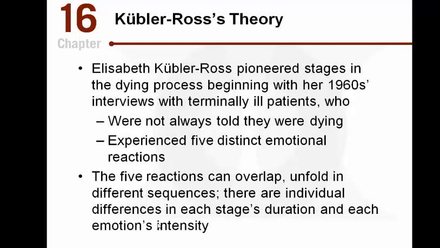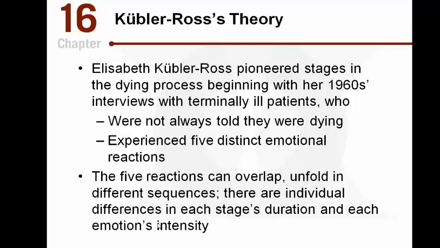So when you think about death, certainly there have been different theories about death. We're going to touch on a couple. First of all, one you've probably heard would be the 5 stages of death. Elizabeth Kubler-Ross had these stages of the dying process, and she suggested that there are 5 emotional stages.